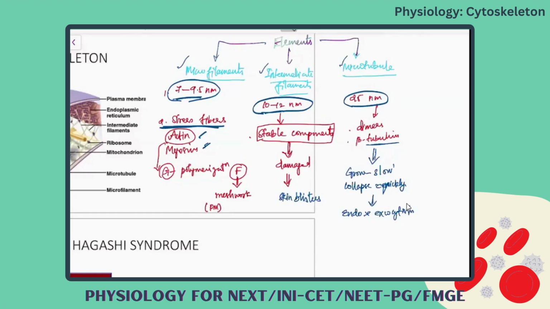The sarcomere, the muscle cell unit, also has microfilaments. The next one is actin, which has G actin and F actin. G actin has the major role in the polymerization process; during polymerization, G actin is converted into F actin. This F actin forms a mesh-like structure close to the plasma membrane. Coming to the intermediate filaments, they are the stable components.